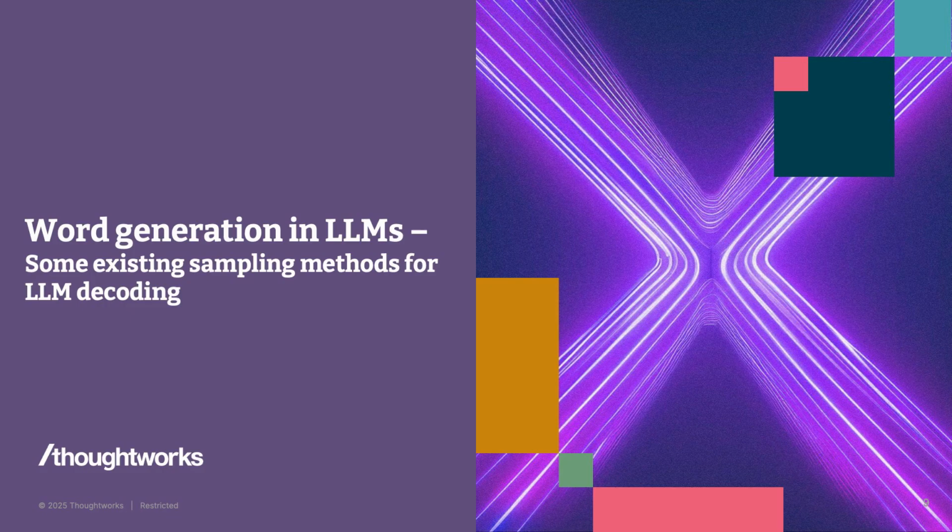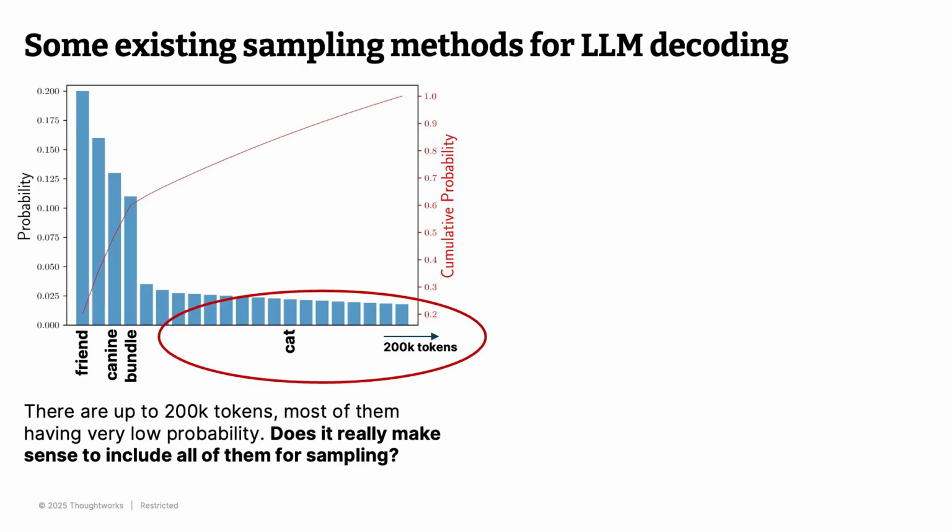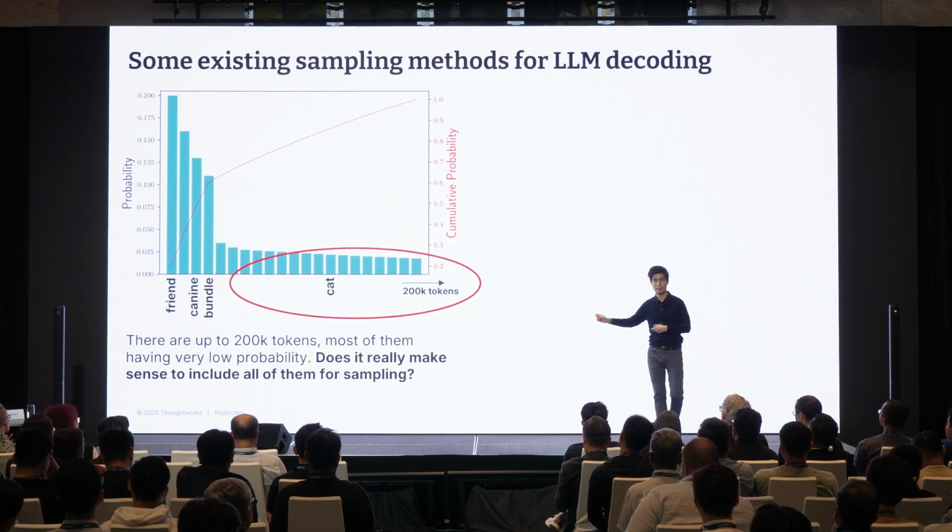Let's quickly dive into some existing methods that generate next tokens in LLMs. So the first question that we need to ask ourselves is, there are up to 200,000 tokens. Does it really make sense to include all of them for generating the next token?